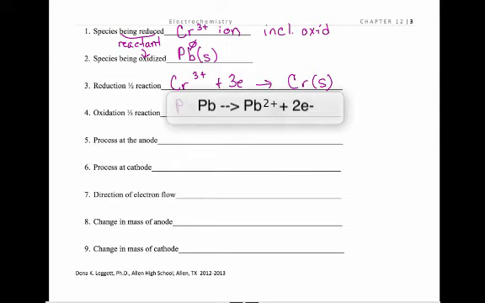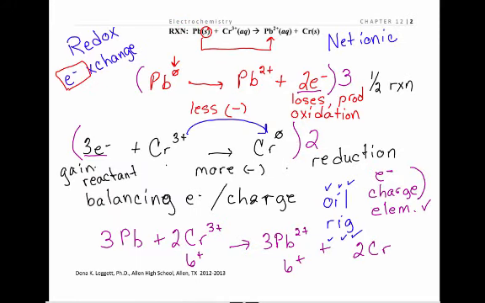Our oxidation was lead yielding lead 2+ plus 2 electrons. Okay, now that's all we can do on this little summary chart here because I haven't talked about this part yet. So let's back up a little bit and have a quick discussion before we jump into our next video.